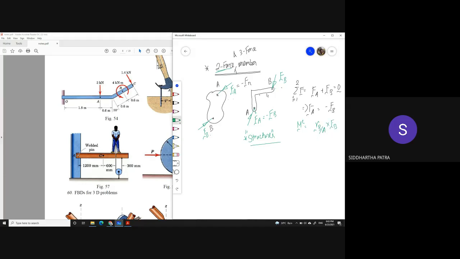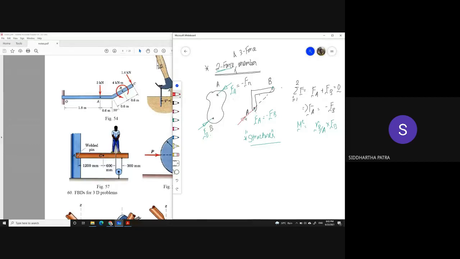how can the object be in equilibrium? So the point is that this FA and FB, not only are they equal in magnitude and opposite in direction, but they also act along the line joining AB. It has to be. Otherwise, they are going to be non-collinear.